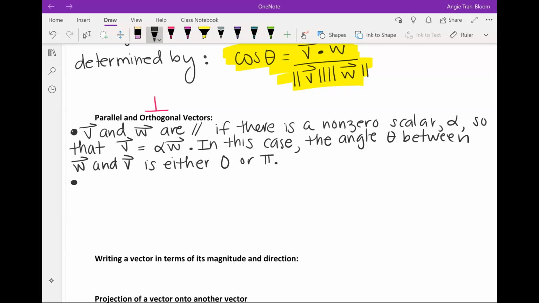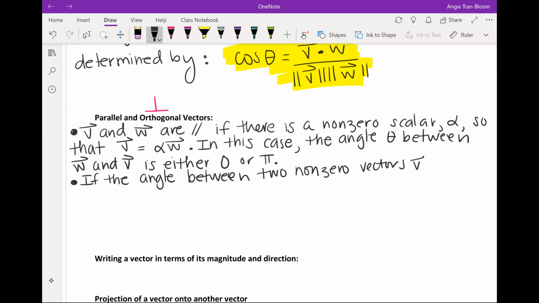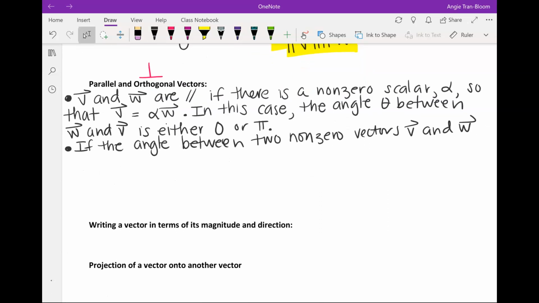If the angle between two non-zero vectors v and w is pi over 2, aka 90 degrees, then guess what this would be?